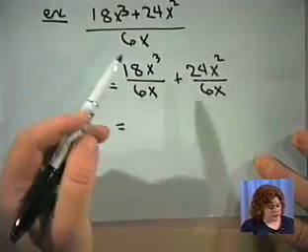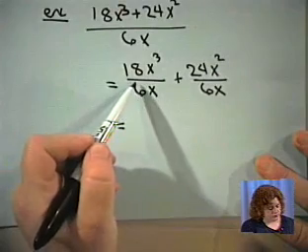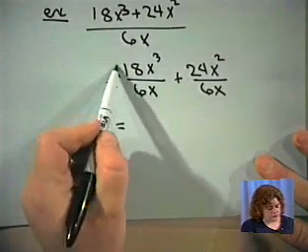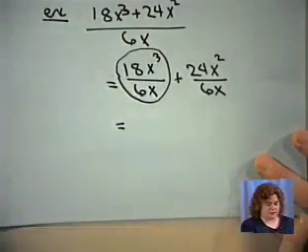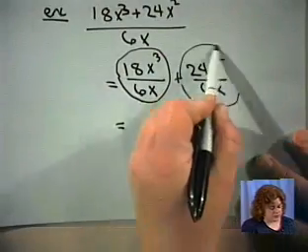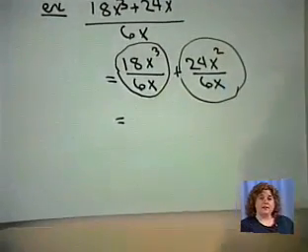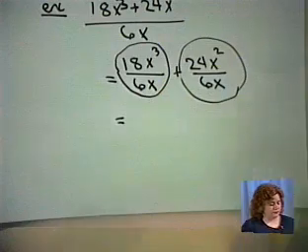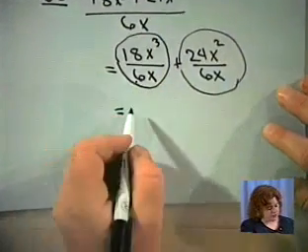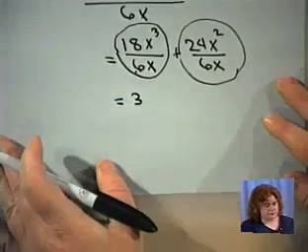What we're going to do then is complete the division with this piece and complete the division with this piece. And this is going back to the quotient rule. So 18 divided by 6 is 3.